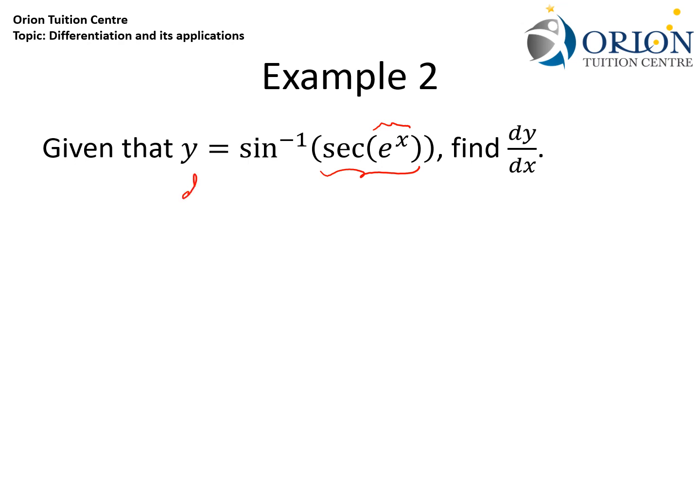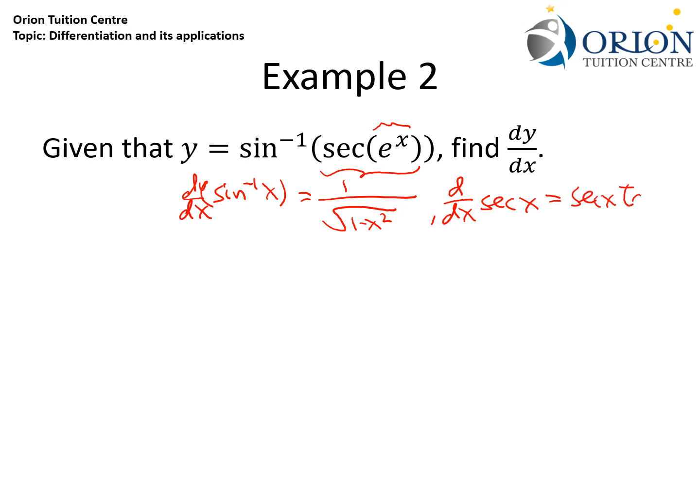Number 1, if we differentiate sine inverse x, we will end up with 1 over square root 1 minus x squared. And if we differentiate secant x, we will get secant x tangent x. So let's see how we can apply this formula together with chain rule to differentiate this entire expression.